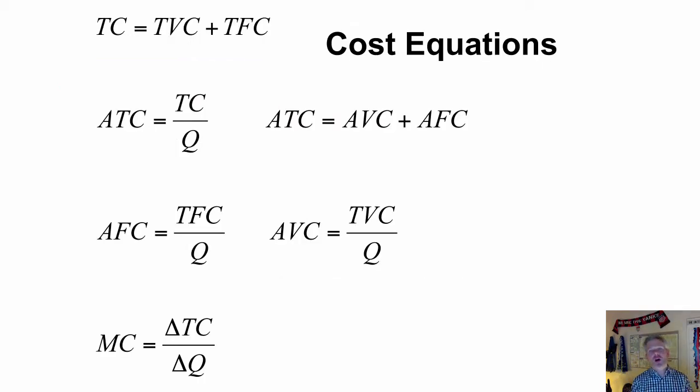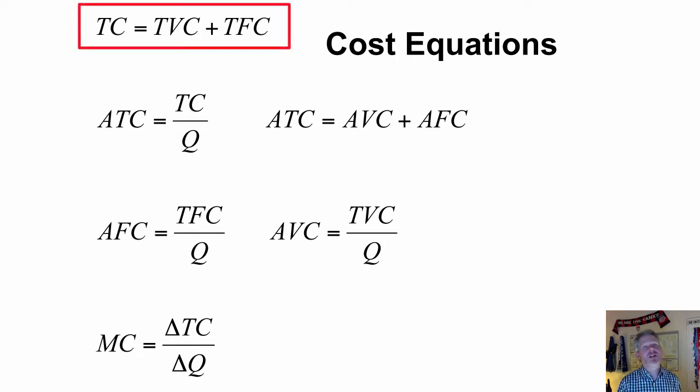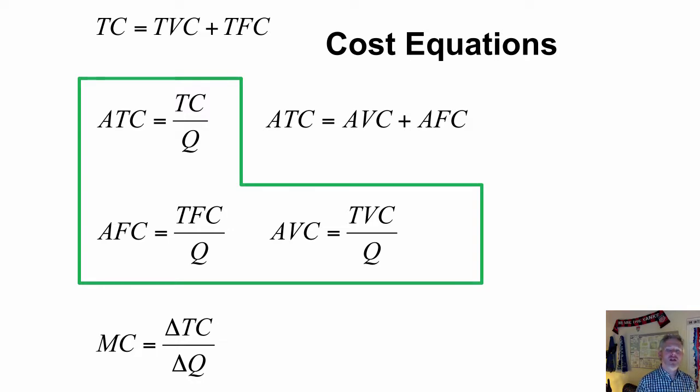So here's what all of these different things look like in terms of equations. All right, if your brain remembers equations easier than those sentence descriptions. All right, so this is total cost, your total variable cost plus your total fixed cost. All right, so that's your total cost. The next was all of these average cost curves.